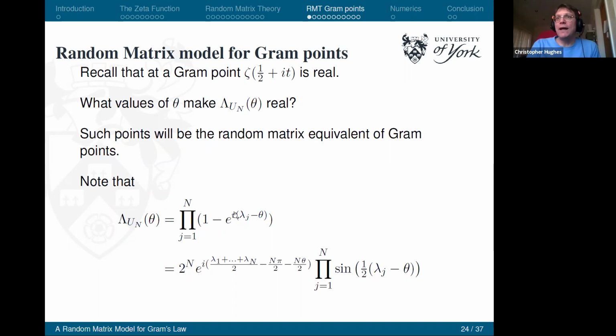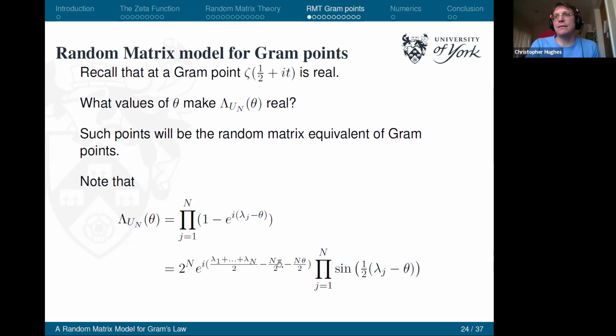And what do you pull out? Well, you've got to pull out a half of e to the i lambda_j for each j, so that's these terms here, one for each j. And I've got to pull out e to the minus i theta n. So I pull half of that out, but I've got one of those for every term in my product. There are n things in my product, so there's the n there.